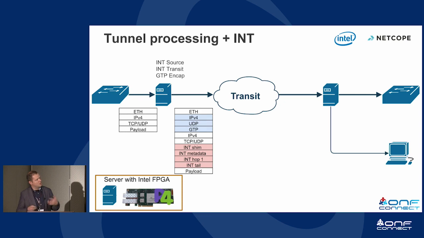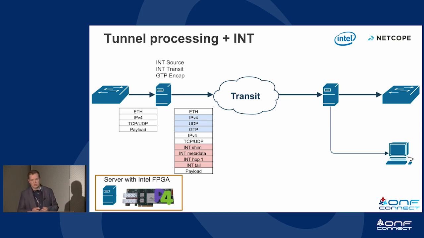After this processing, which is described in P4 and runs in an FPGA card, we get additional IPv4, UDP, and GTP headers, which represent the GTP encapsulation. And we also get INT metadata and the first hop information.